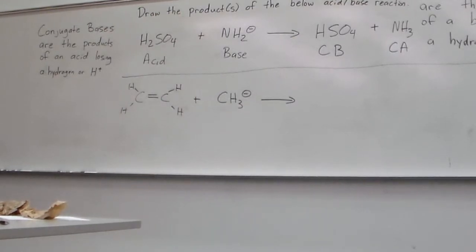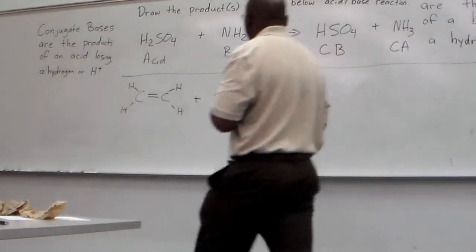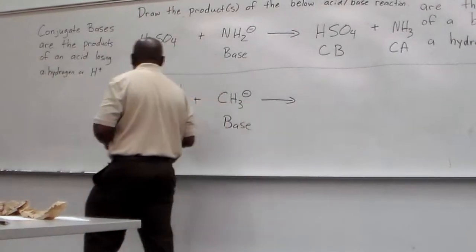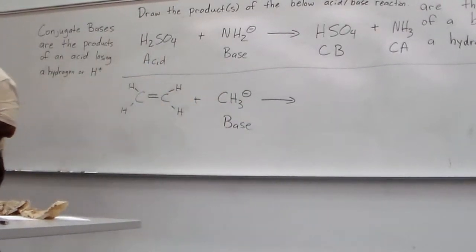How do we identify the base? We've got a minus charge. Remember in GChem, OH minus was a negative charge with a base. Minus charges go with bases. So we have CH3 minus as our base, so the first molecule must be my acid.